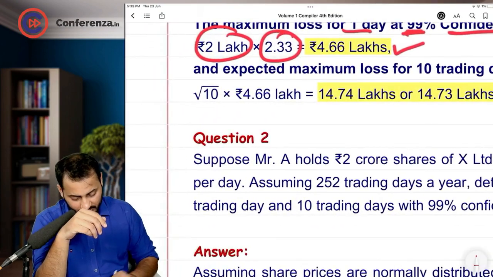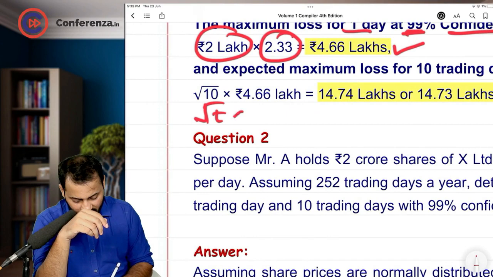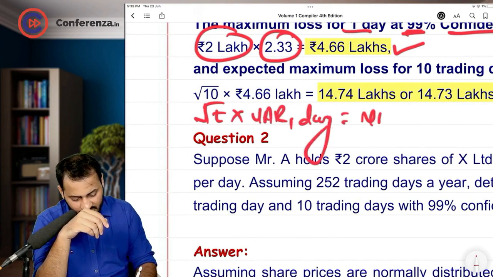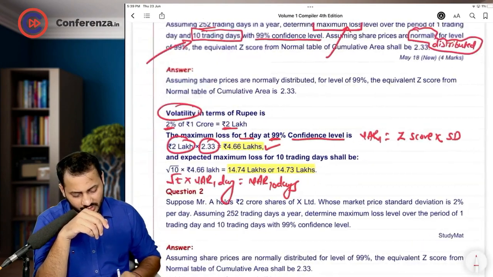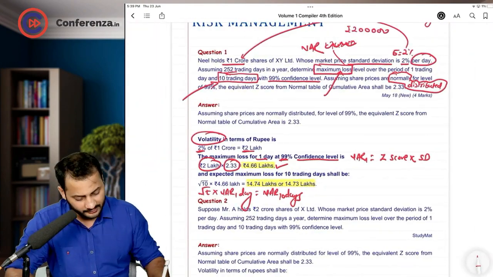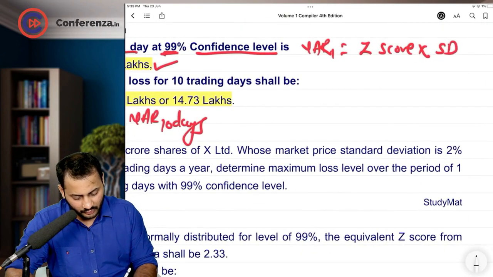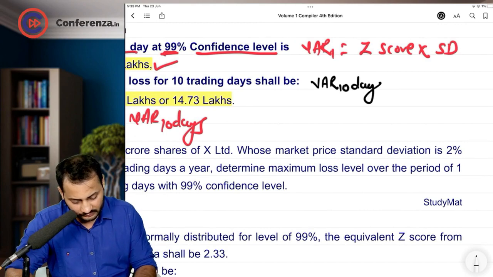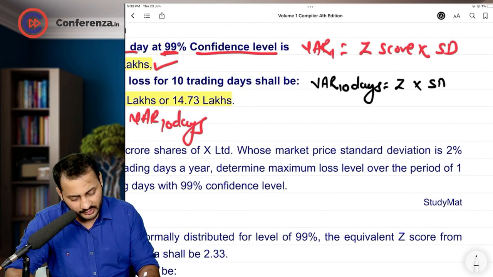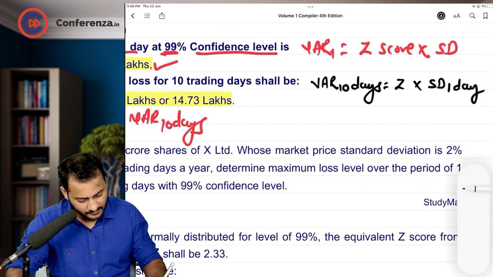You can write it down here. This is nothing but under root t into VAR for 1 day, which has resulted in VAR for 10 days. So there are multiple formulas that you should remember. All the formulas should be written over here. VAR for 10 days is equal to z-score multiplied by standard deviation for 10 days.